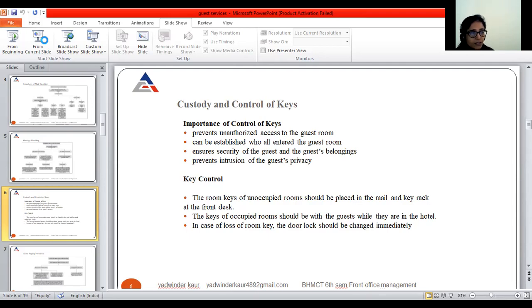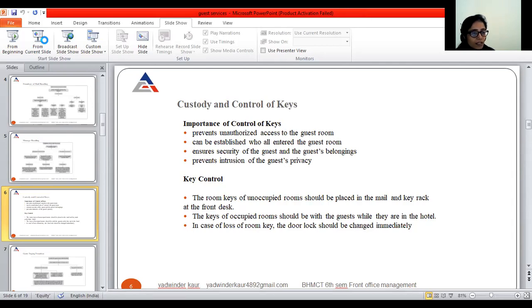So these are the custody and control of the keys we have to do, right? Key control is very important in the hotel when we are working there, because guest privacy and guest belongings are all important for us. Their security is important while the guest is staying with us.